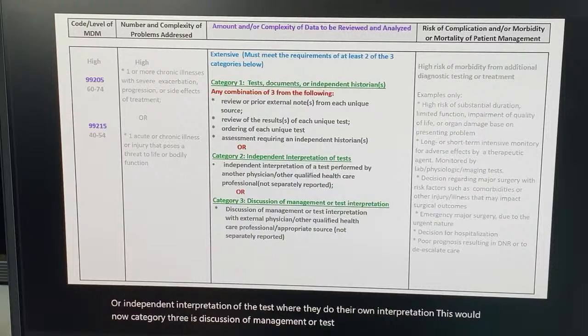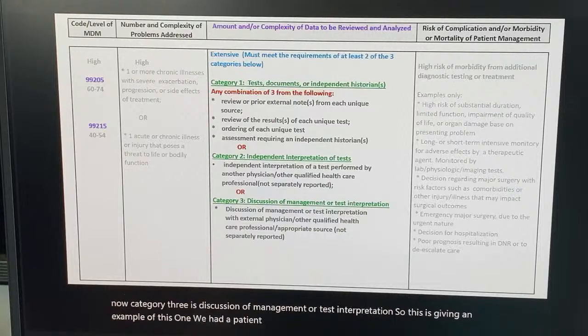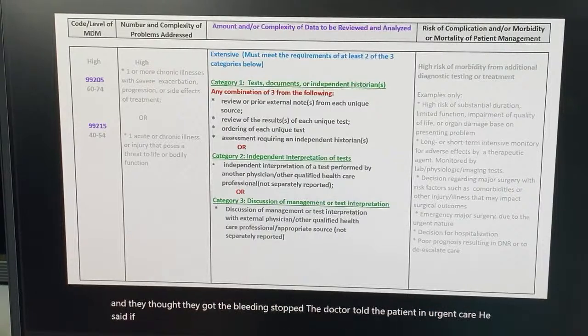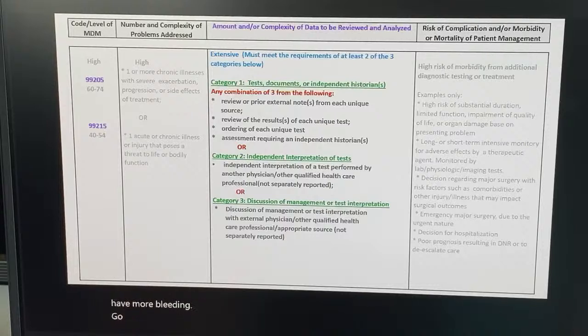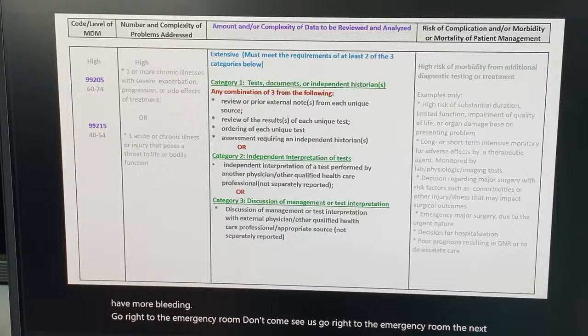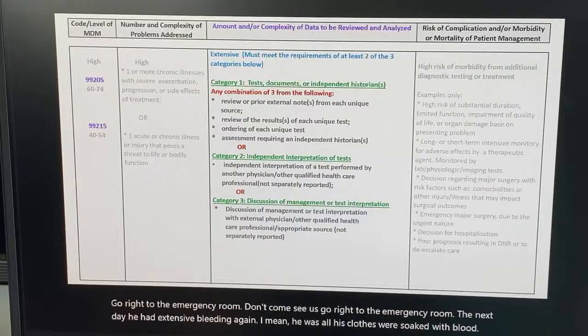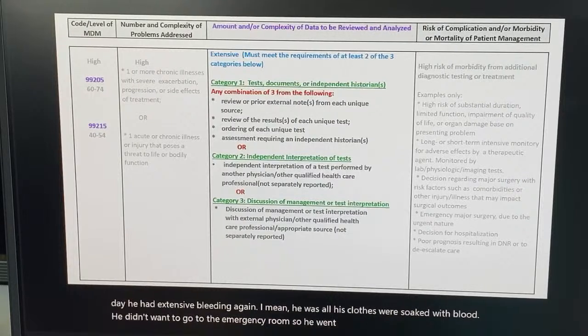Let me give you an example of this one. We had a patient that came in that was bleeding, had rectal bleeding, and they thought they got the bleeding stopped. The doctor told the patient in urgent care, if you have more bleeding, go right to the emergency room. Don't come see us, go right to the emergency room. The next day, he had extensive bleeding again. All of his clothes were soaked with blood. He didn't want to go to the emergency room, so he went back to the urgent care.